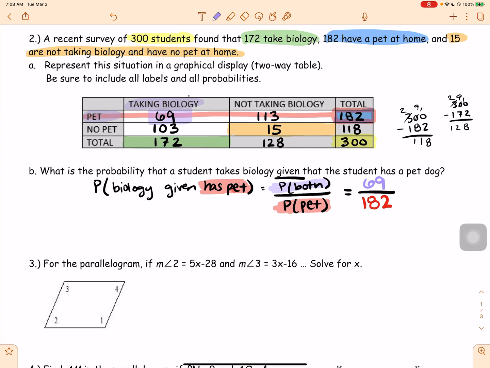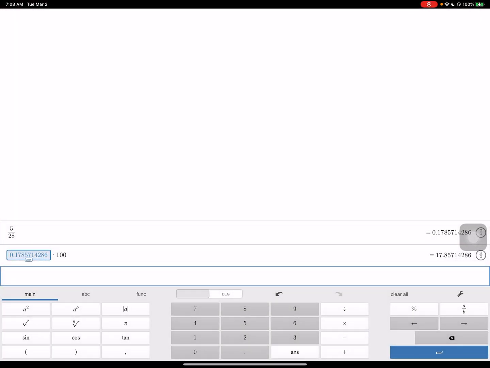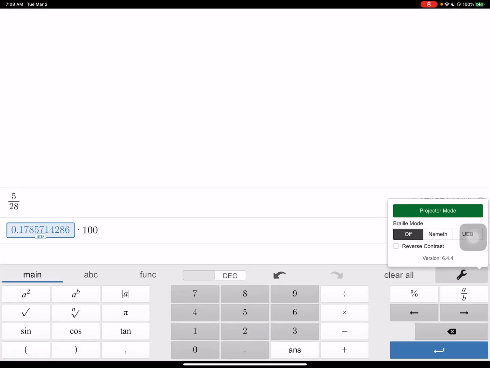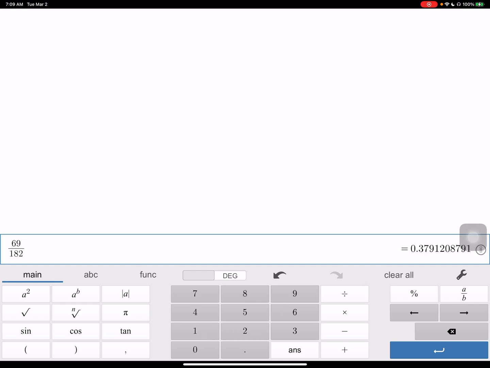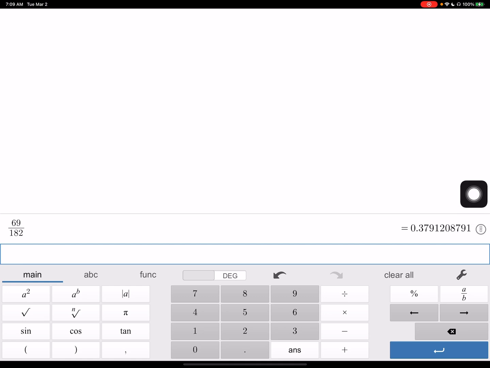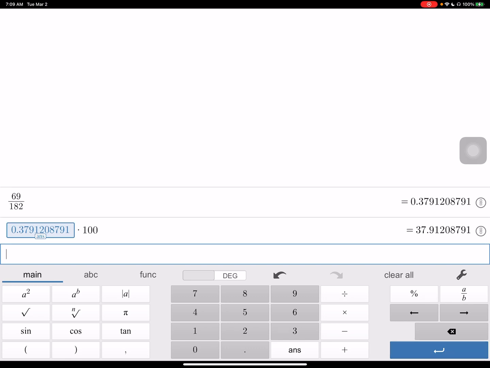So now you have to divide that. So we have 69, and let me put this into projector mode. 69 divided by 182, you get 0.379. You can either move the decimal to the right twice or multiply by 100 for it to do it for you.